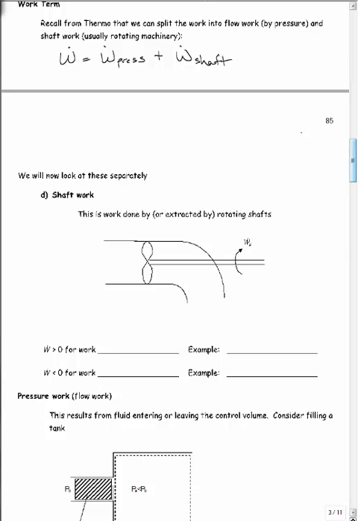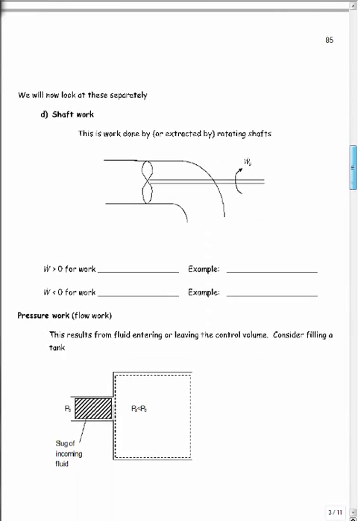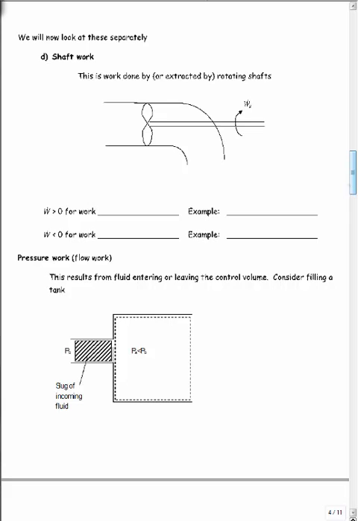And our work from pressure is going to give us pressure terms as well. We did this in thermo, and that's where our h's came from. For our shaft work, again, that's just pumps or turbines, or it could be fans, something like that. In thermo, we also had compressors, but compressors tend to change the temperature, and that's kind of the difference between thermo and fluids.